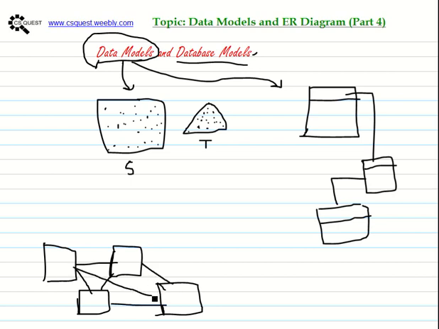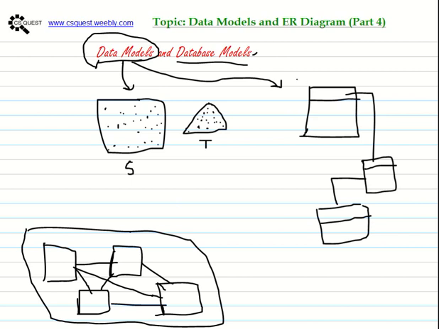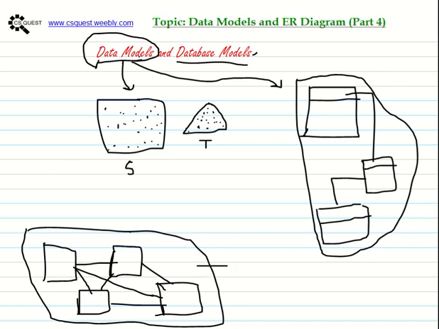That means what? That means all the data is always the same, but what is changing is the way we are linking the data with one another. Fine. So this is the function of the data model. You take the data and arrange it in a specific way, and we will get a specific model for that.